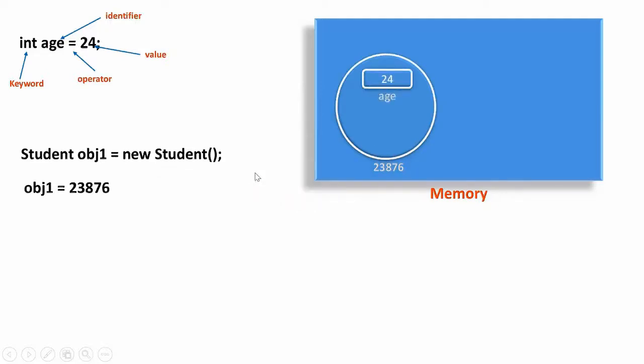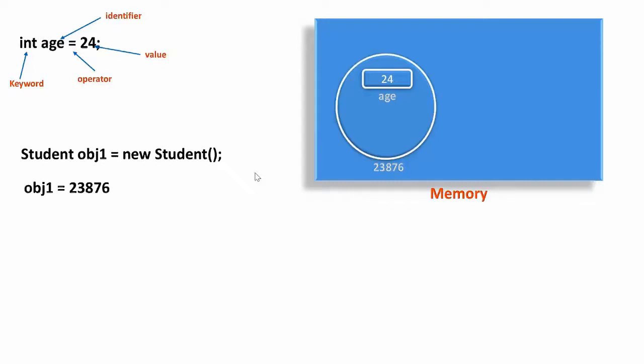So this object has an instance variable, that is age having value 24. So when you create an object of student class, each object will have instance variable age initialized to 24.